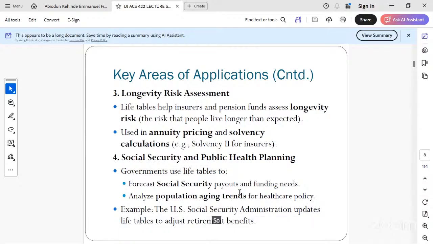So it is advisable at that point that the individual go for a whole life product, so that if he dies, the family will be compensated based on the benefits.